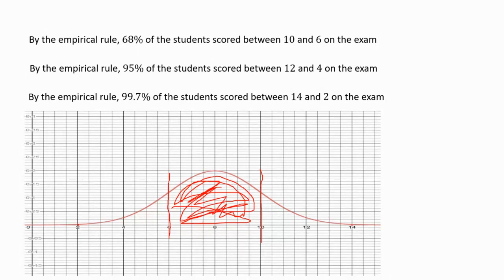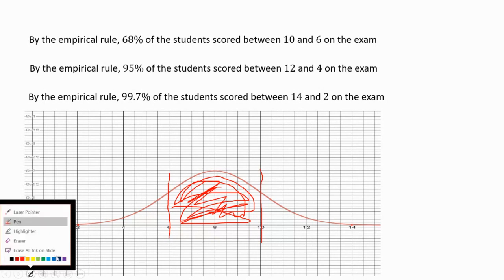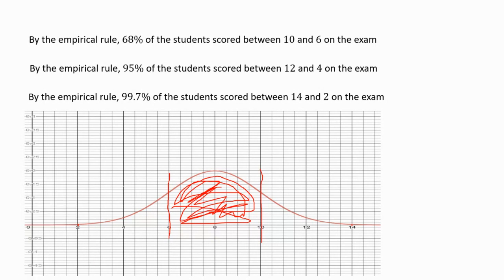Now, if you do the mean minus 2 times the standard deviation, we saw that's going to be between 4 and 12. 8 minus 2 times the standard deviation, 8 plus 2 times the standard deviation, that's going to contain 95% of the data.